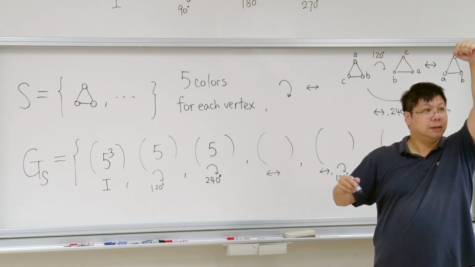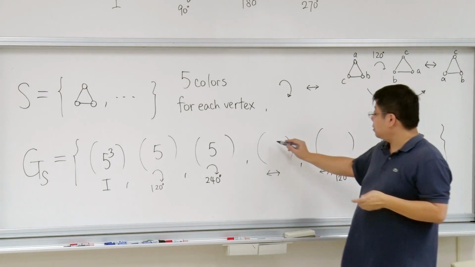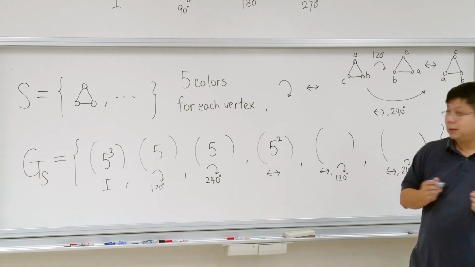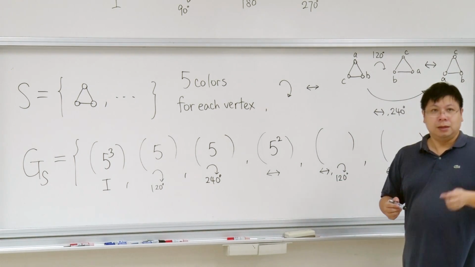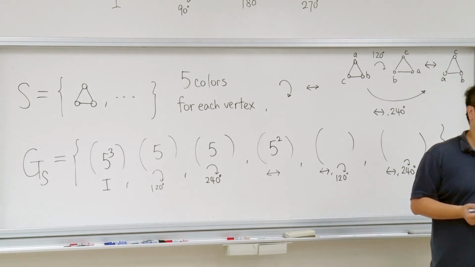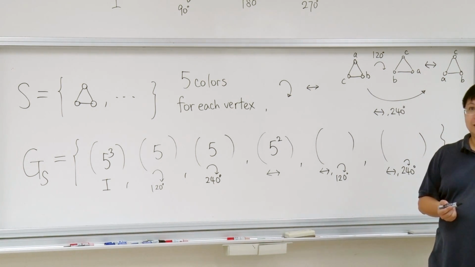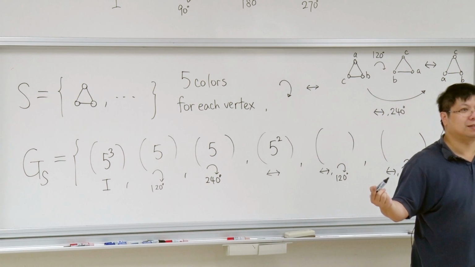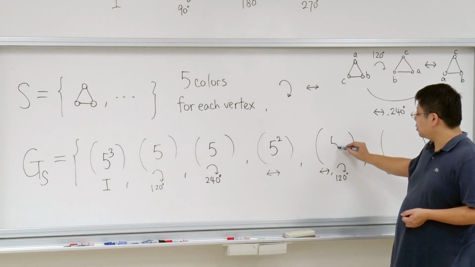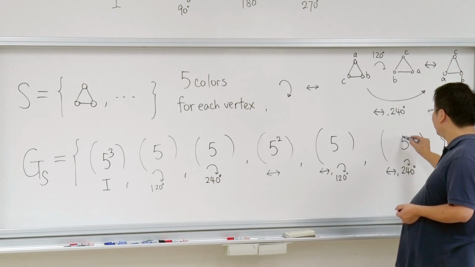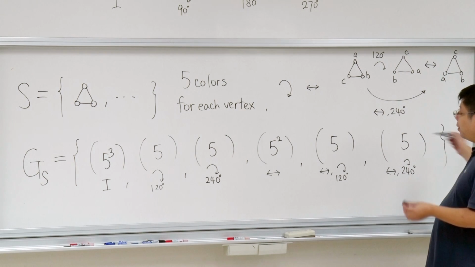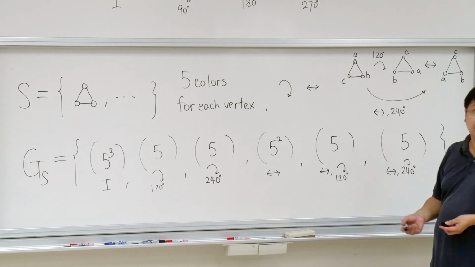So there's going to be 5 square. How about this one? You flip and then you rotate, it needs to be the same. Because after rotation it is the same, the 3 vertices have to be of the same color. So there are just 5 here and just 5 here. So by Burnside, we add them all up and then divide by 6 this time.